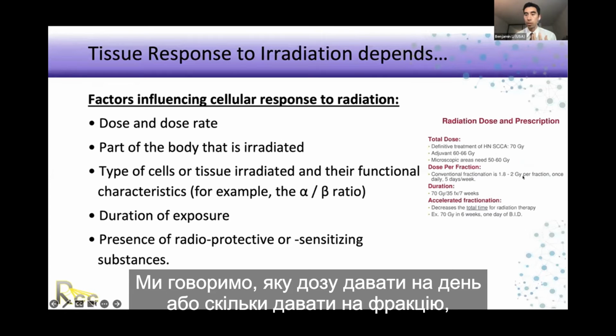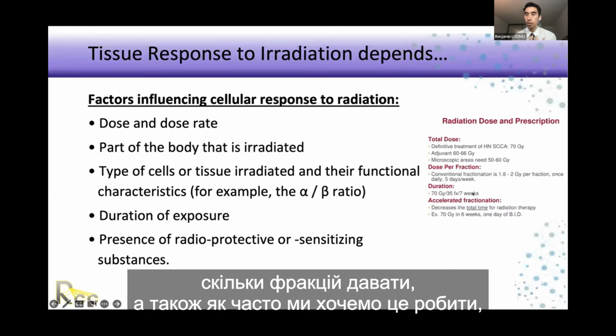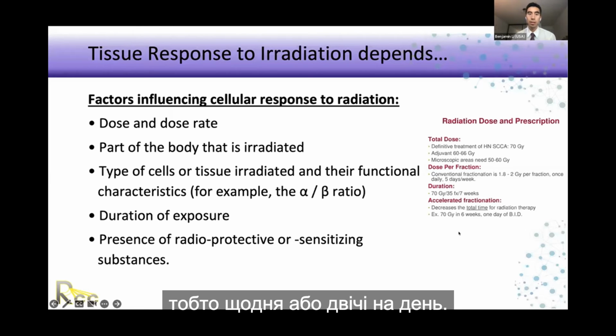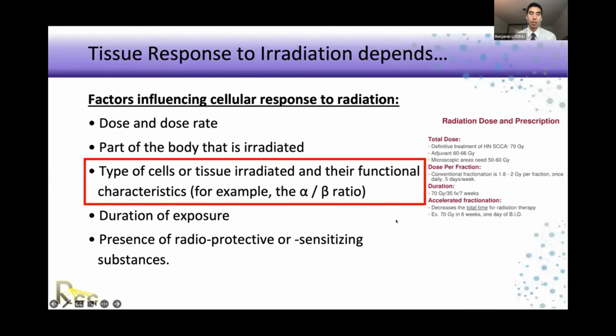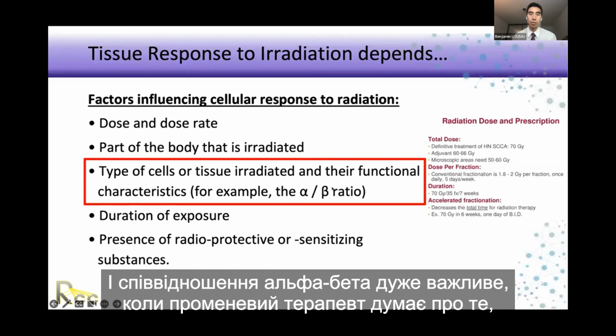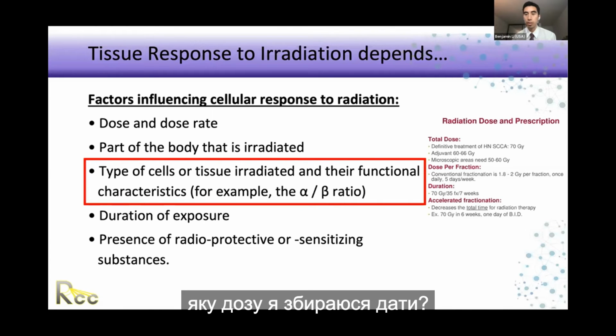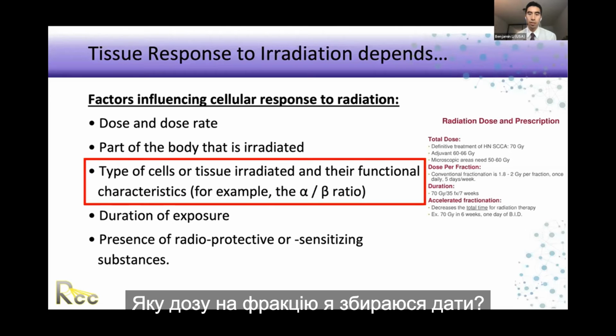We're saying how much dose to give per day, or how much to give per fraction, how many fractions to give, and also what time course we want to do this, so whether it's daily or twice daily. And the alpha beta ratio is very important for when the radiation oncologist is thinking about, okay, how much dose am I going to give? How much dose per fraction am I going to give? What's my overall prescription going to be?